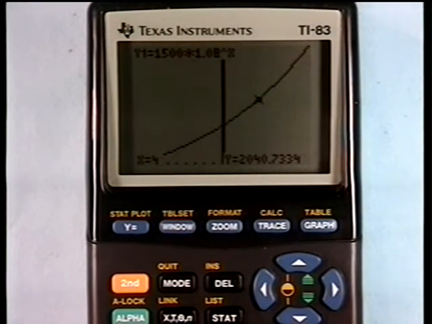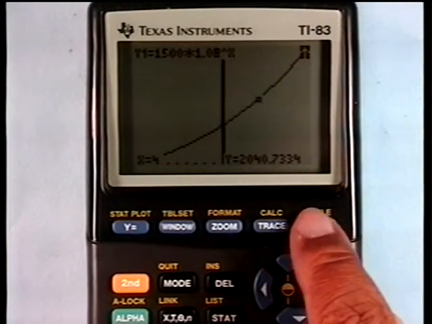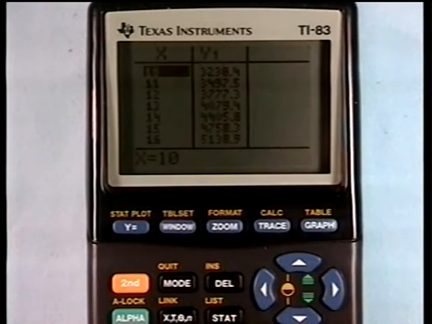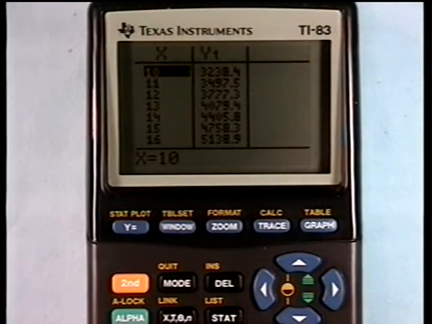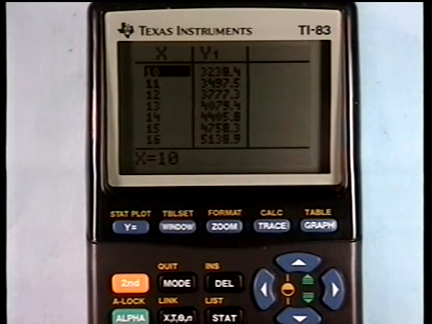Now let's take a look at the numbers. Go second table, and this gives you the numbers, the points that actually made up the graph that we just saw. The ordered pairs, the x values again in our ordered pair represent the number of years. The y values represent our resulting amounts in our account.